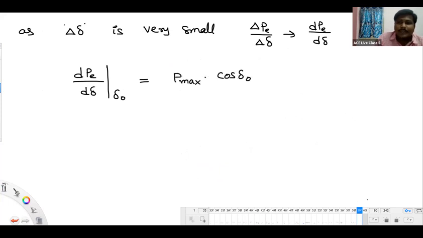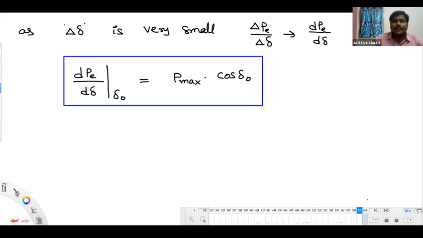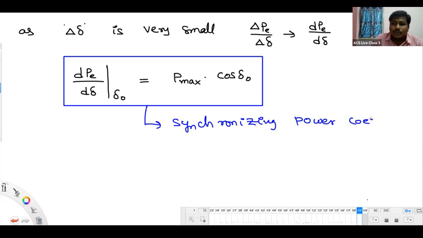This is going to be called the synchronizing power coefficient of the network. Sometimes we can also call it the rigidity factor of the machine.